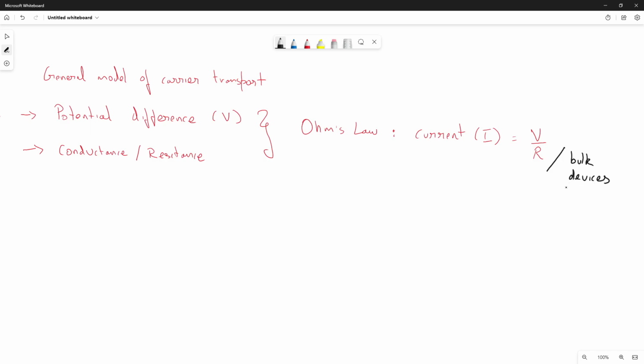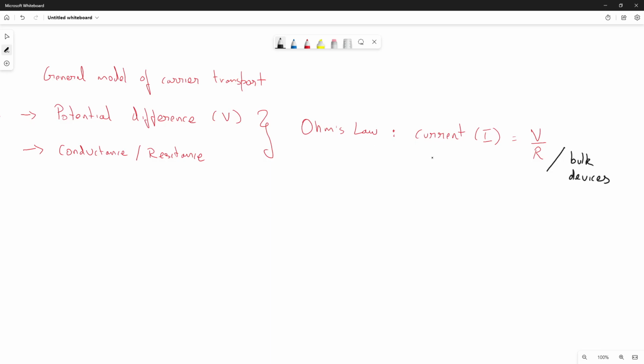Okay. So now this is classical theory. This has been known since the time of Ohm, like the mid 1800s, so we know this for over 150 years.